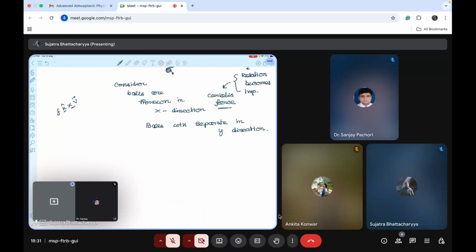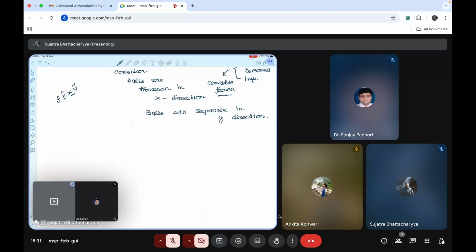Fine. Let us understand. So we will apply the y direction momentum equation. But in the momentum equation, in case of Earth, we have written so many terms, right? The pressure gradient force, frictional force, all those forces we will consider zero. The only force which is acting is the Coriolis force.